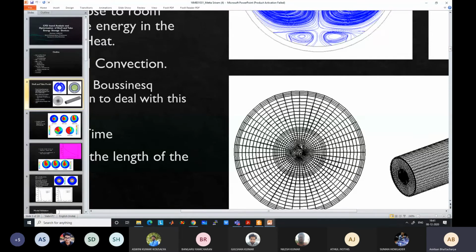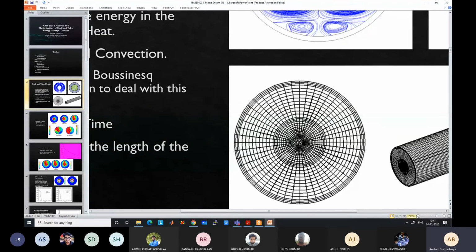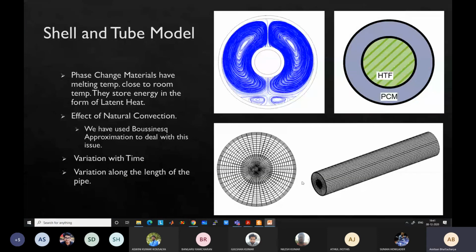So by default, ANSYS has taken unstructured part. If he had created it manually, it would have been structured and better. Using the unstructured part here reduces the chances of convergence slightly. Although we will get the correct result, chances of convergence are reduced slightly because this is a very structured geometry, a cylindrical geometry. So there is no need of taking unstructured grid here in this case.